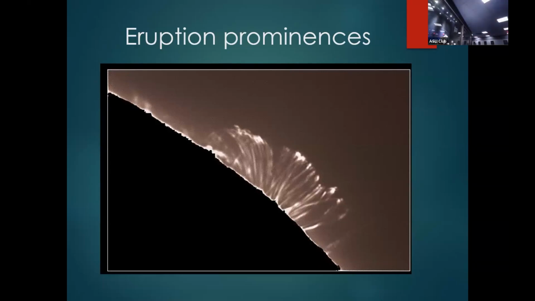Eruptive prominences. This is one of the nice shots here. If there's a flare on the limb, I didn't see anything on the limb, so it was probably beyond the limb, that some kind of flare erupted on the far side of the sun and caused a spray prominence, with all the ejected material shooting out.